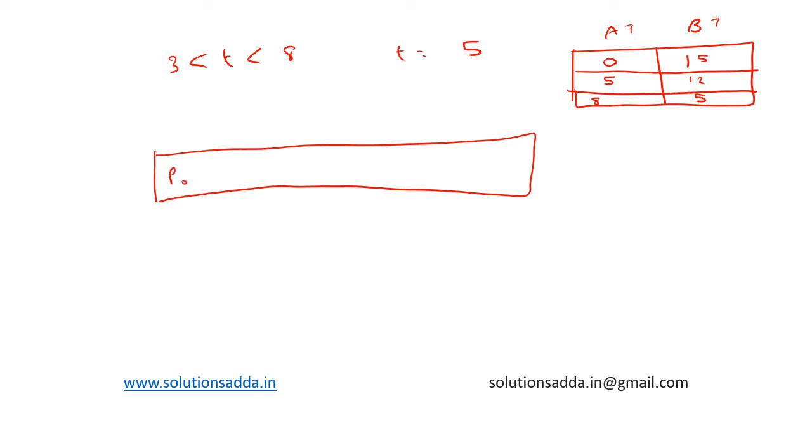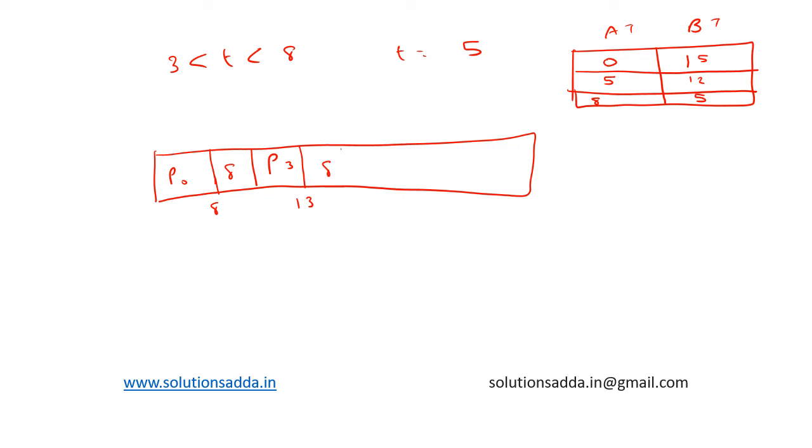So P0 runs for 5 units. Then when we compare at t equal to 5, again P0 only would be running. So P0 would be running till 8. Then next a context switch happens. Then the process P2 would be running for 5 more units, so till 13.